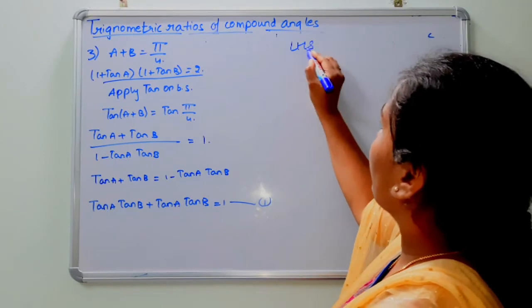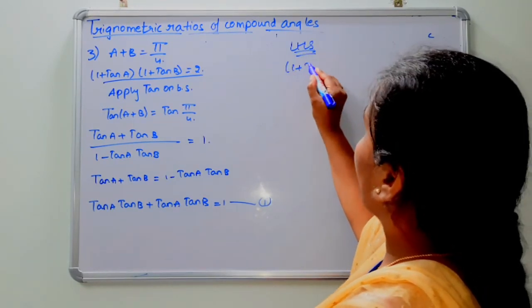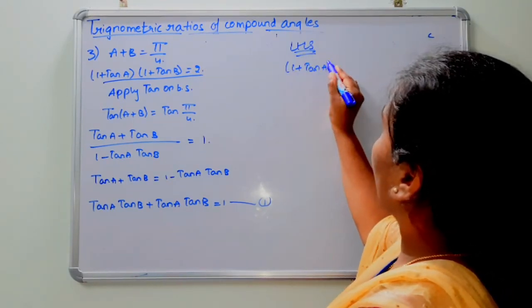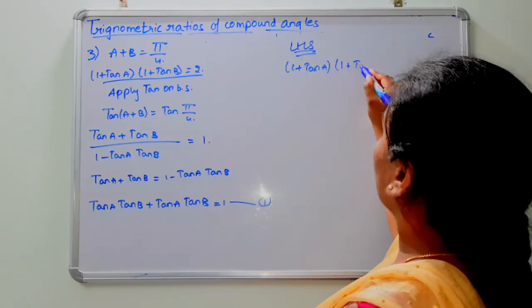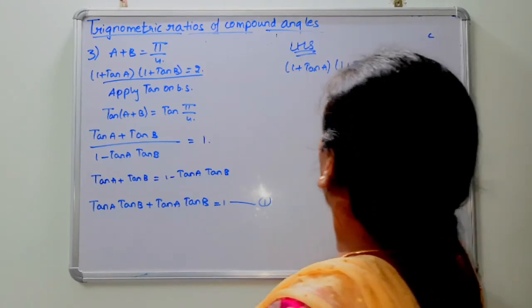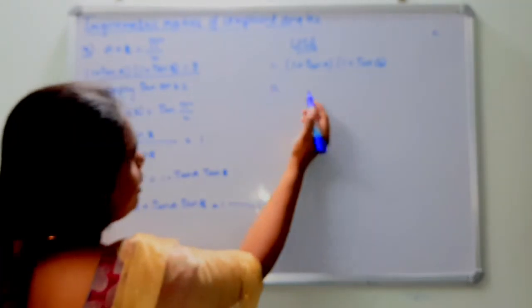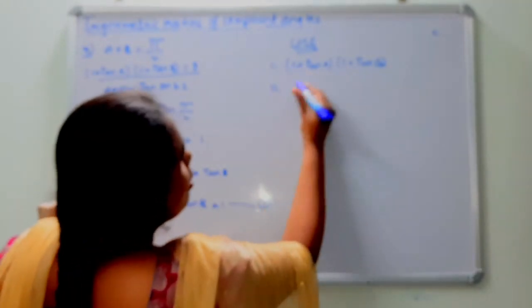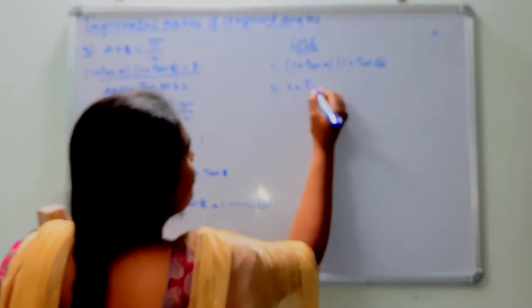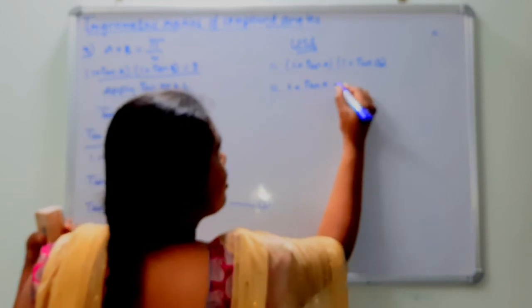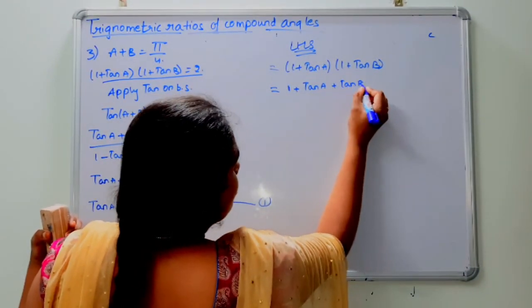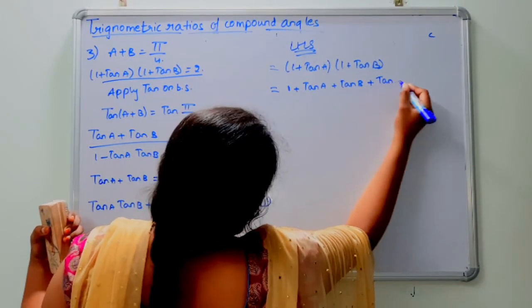let us take the LHS: 1 plus tan a into 1 plus tan b. Multiply. 1 into 1 will become 1 plus tan a plus tan b plus tan a tan b.